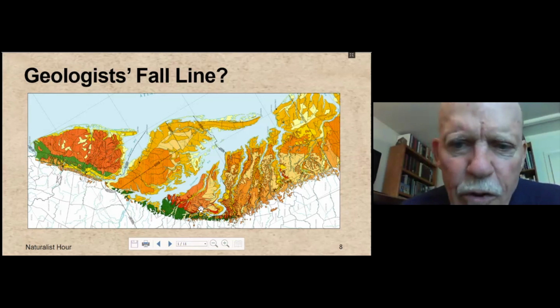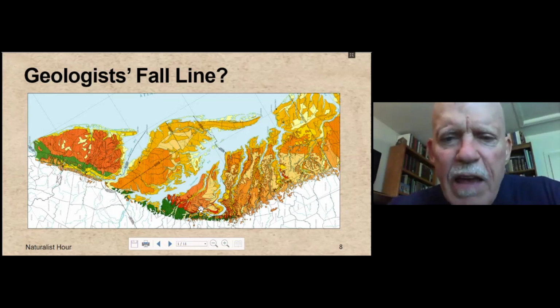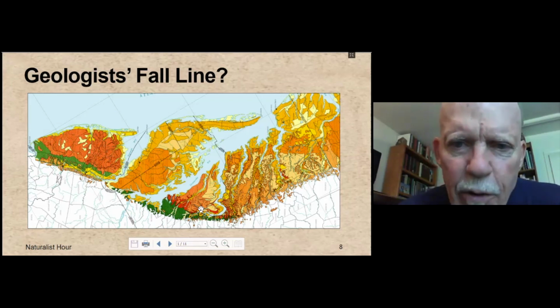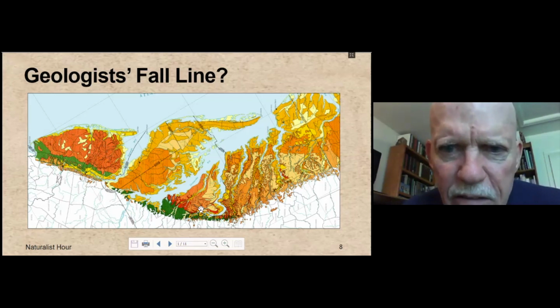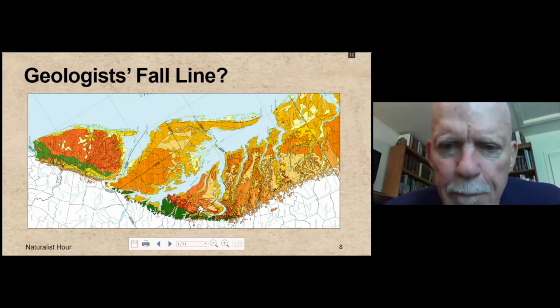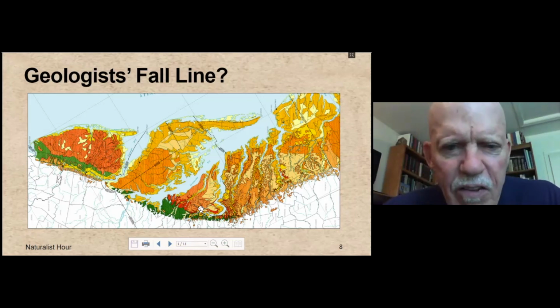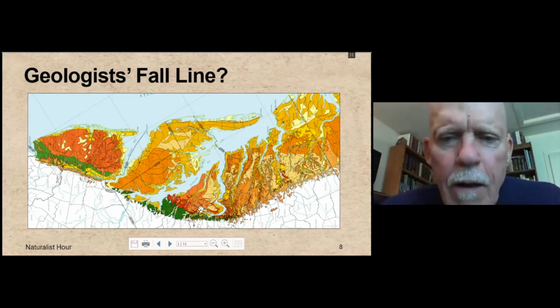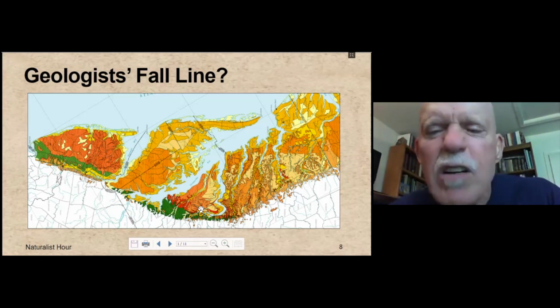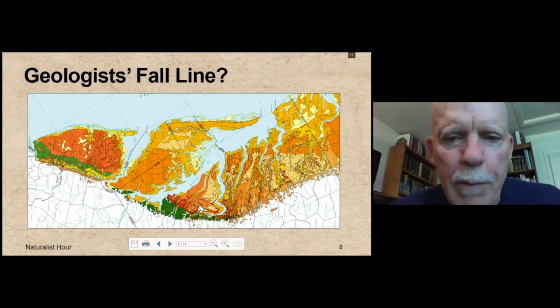The reason for this is that at some point in the geologic past, the layers of material being deposited by the ocean or by streams in some cases would have made a blanket with a relatively nicely defined edge to it. All along here, and probably at different times, you'd have this sort of perfectly formed boundary between the coastal plain and the Piedmont.